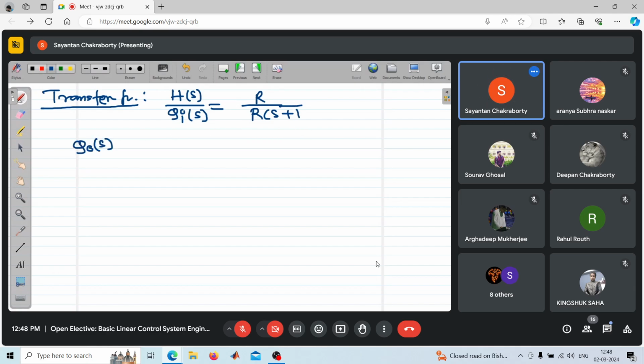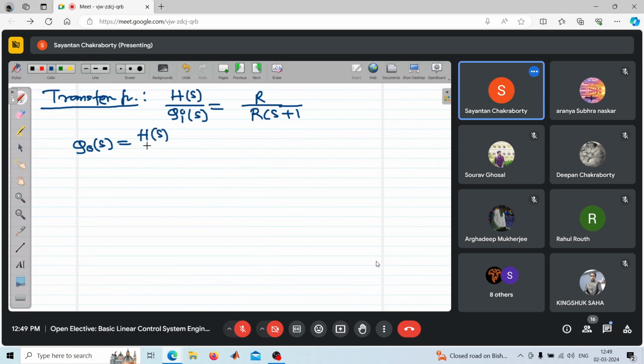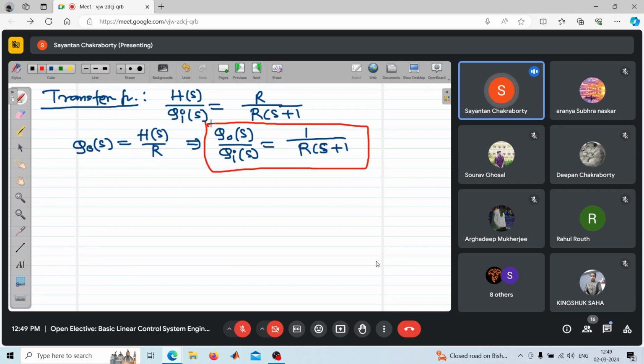Again, Q0(s) from this definition is equal to H(s) by R. So that implies the change in outlet flow rate due to change in inlet flow rate will be defined by the transfer function 1 by RCs plus 1, which, if you remember, is typically an RC circuit.